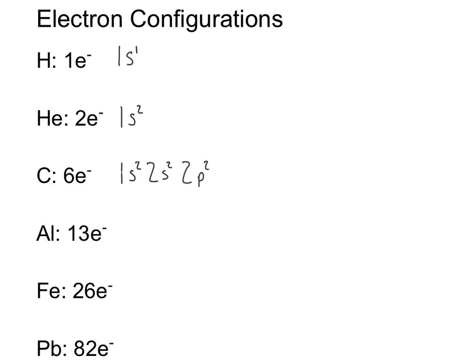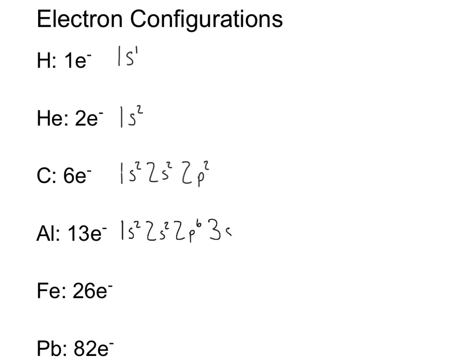Let's take a look at the configuration for aluminum. We have 13 electrons to worry about. We're going to start by filling Bohr shell 1. Then we move on to Bohr shell 2 in our s sublevel. We move to the p sublevel, which can fit a total of 6 electrons maximum. And so now we've completely filled up Bohr shell 2. So now we have to start putting electrons into Bohr shell 3.